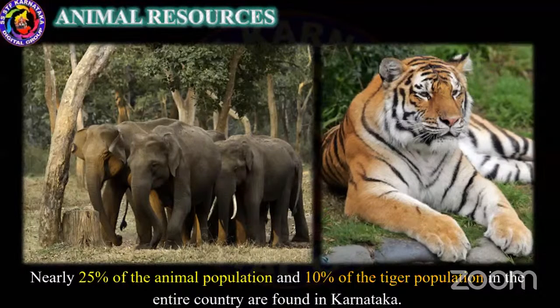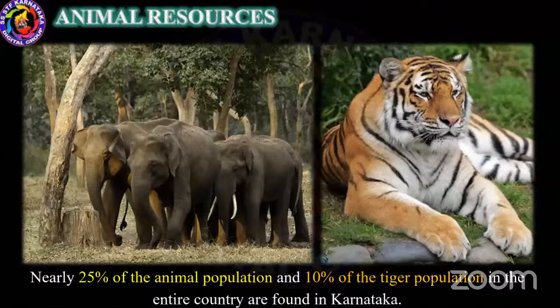And also, entirely 10%. Karnataka has more wild animals in its forest region. Among all of them, tigers are also very important.